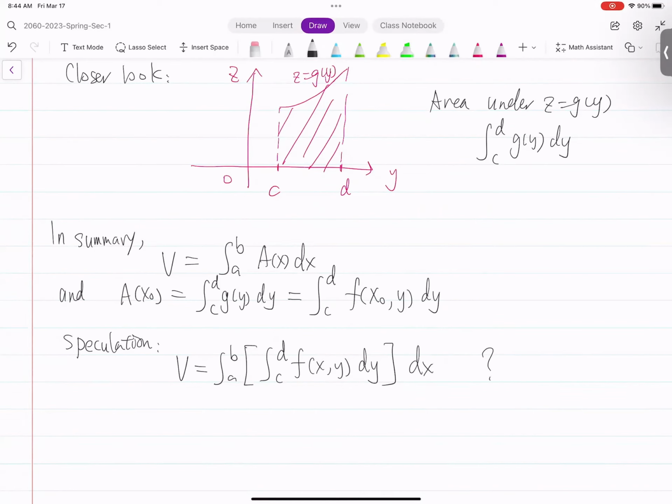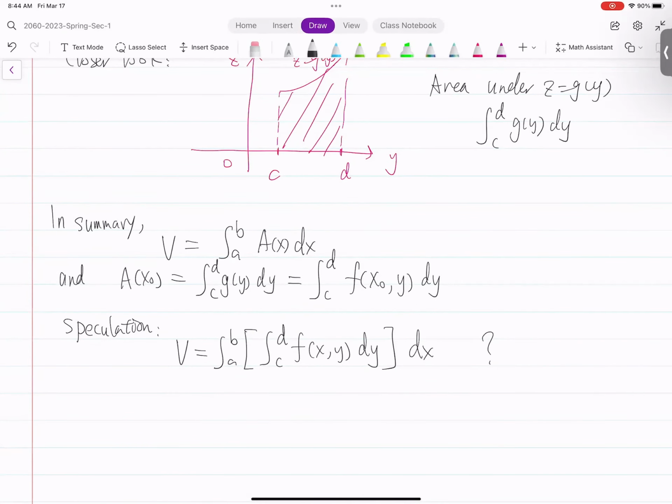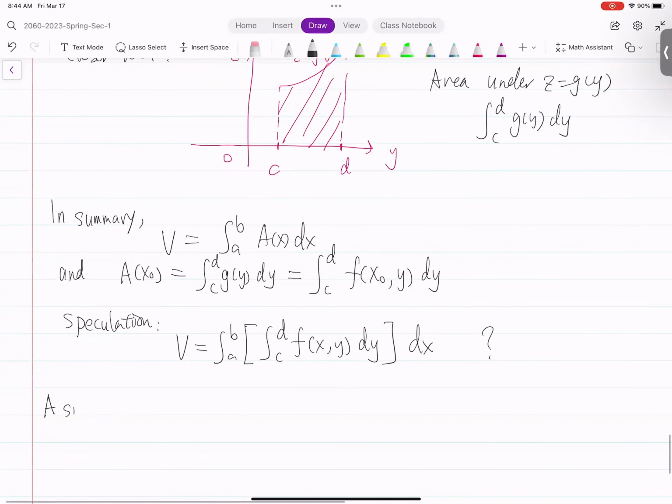But now, if you think about it another way, this is saying I'm doing these cross sections perpendicular to the x-axis, but you can also do that perpendicular to the y-axis, right? A similar calculation.